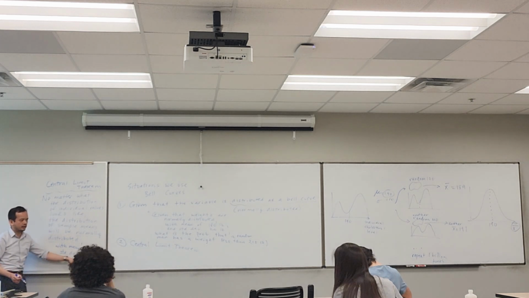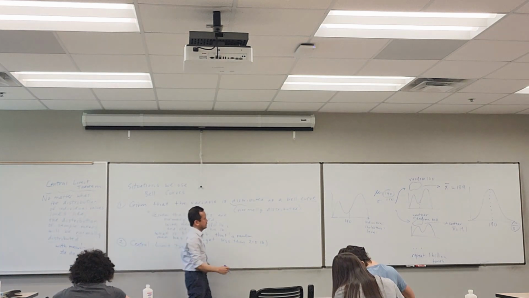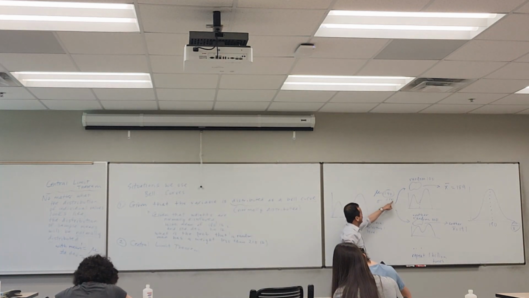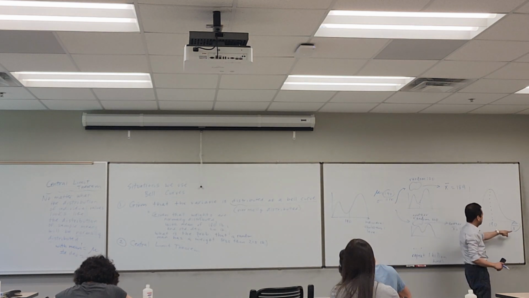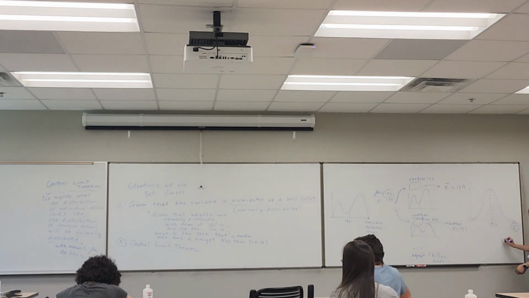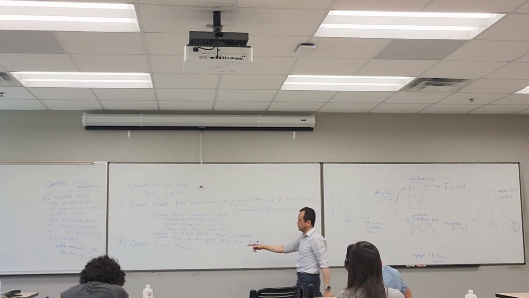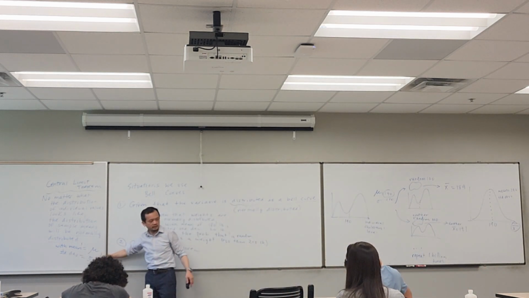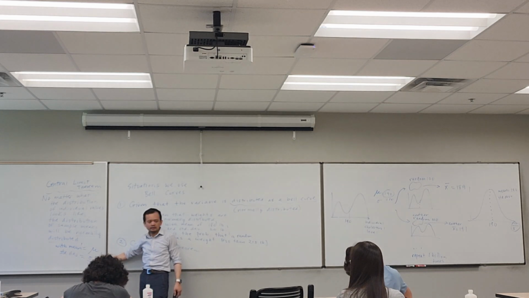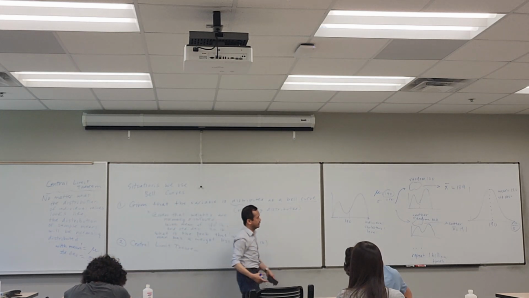So let's apply it to this example. If the original standard deviation is 10, what is the new standard deviation? The mean here is going to be the 190, but what's the new standard deviation of this distribution of sample means? By this formula, it's going to be the original standard deviation, which is the 10, divided by the square root of n, and n is the sample size.